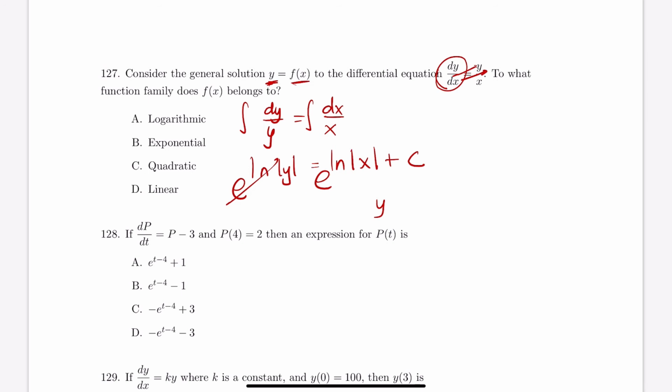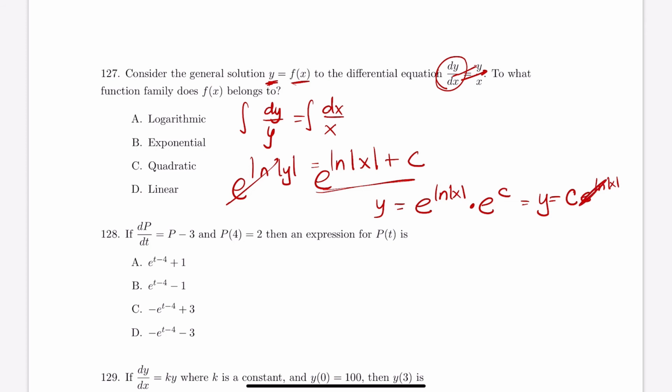Wait, no, hold on. Before I do that, let me break this apart. You can rewrite this as e to the natural log of the absolute value of x times e to the c power. And e to the c is just going to be a constant. So that's the same thing as saying y is equal to c e to the natural log of the absolute value of x, right?